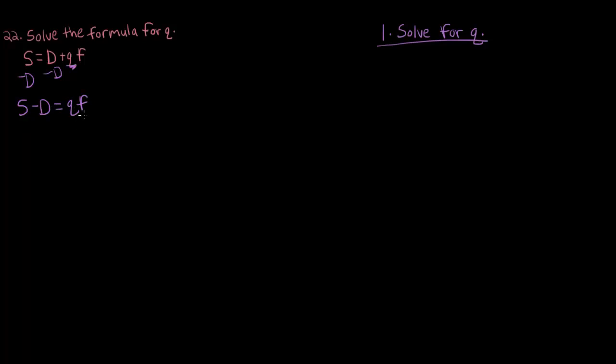To get Q by itself, just divide QF by F. Divide the left side by F as well. So capital S minus capital D over F equals Q, which is the same as Q equals capital S minus capital D all over F.